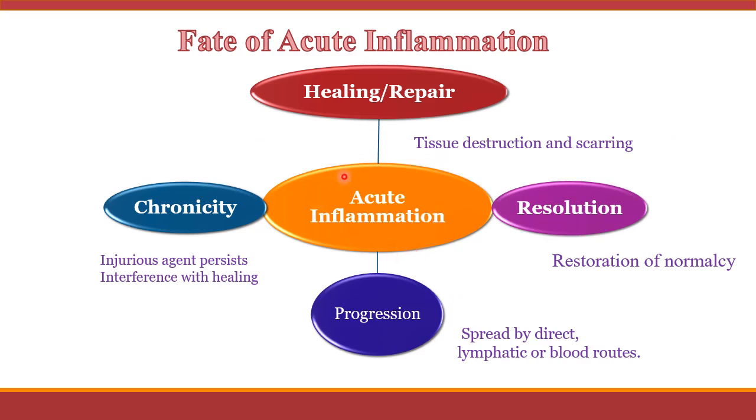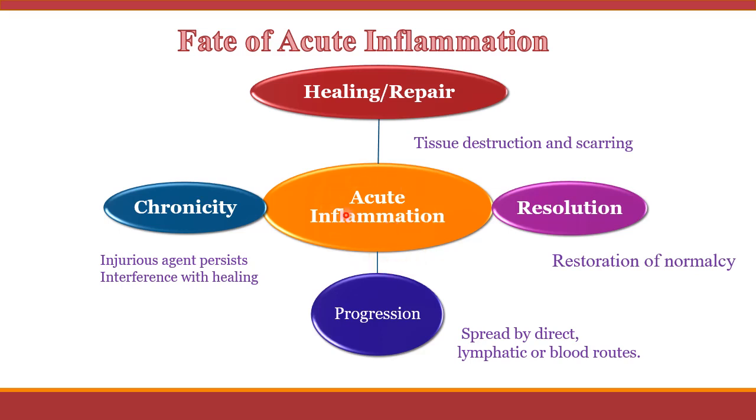Now, after all that happened in acute inflammation, the vascular changes and cellular events, the inflammatory exudate, the chemical mediators, the types of inflammation, acute suppurative and acute non-suppurative, and then the systemic effects, after all of this we have completed.